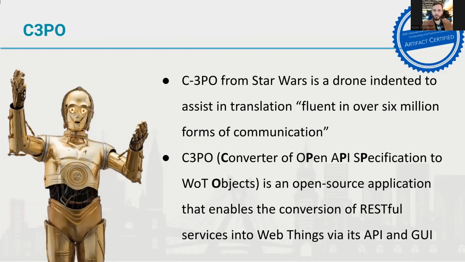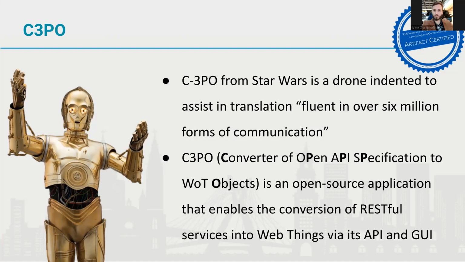Okay, so we also developed an application capable of doing that translation, implementing our method. Our application is called C3PO. So C3PO from the Star Wars movie, it's a droid that assists in translation. He's fluent in over 6 million forms of communication.